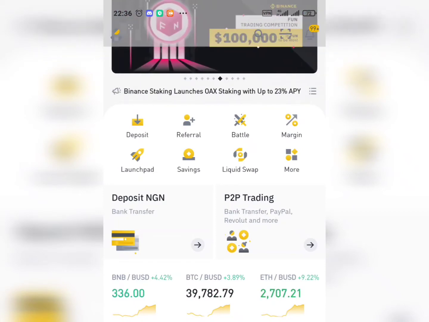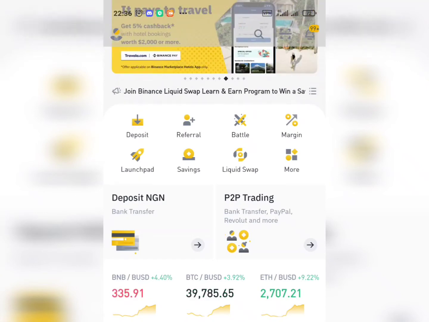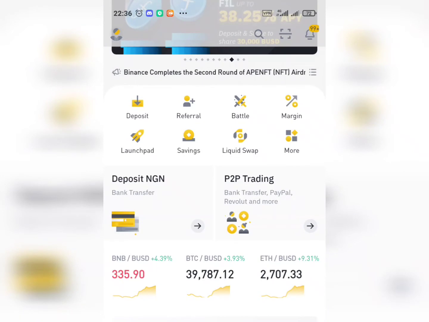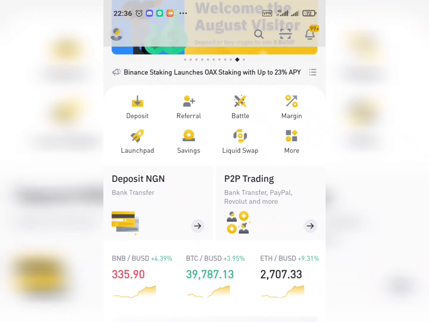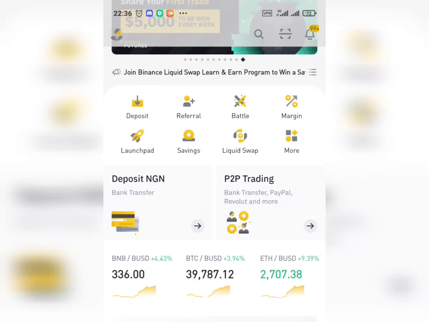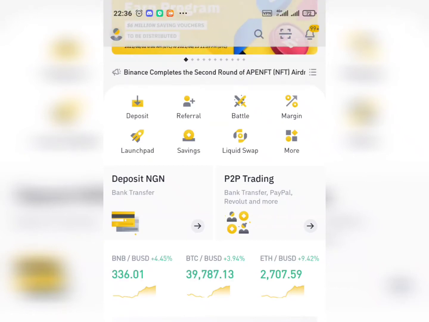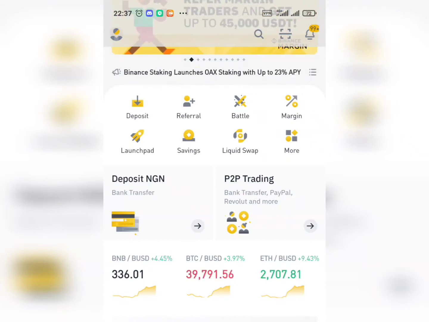So the first I'm going to explain is stop loss. I have other videos that explained stop loss, but just note that stop loss helps you to minimize loss or to secure your profit.